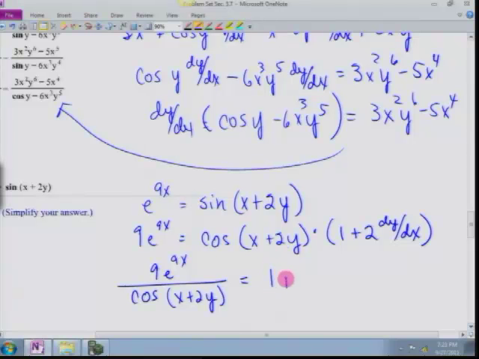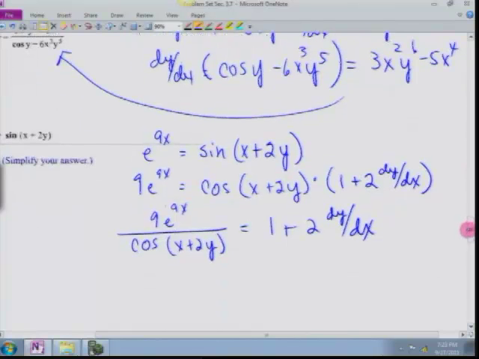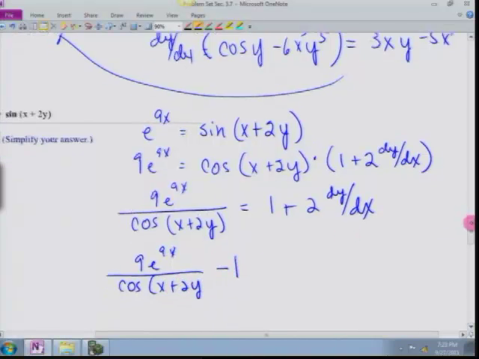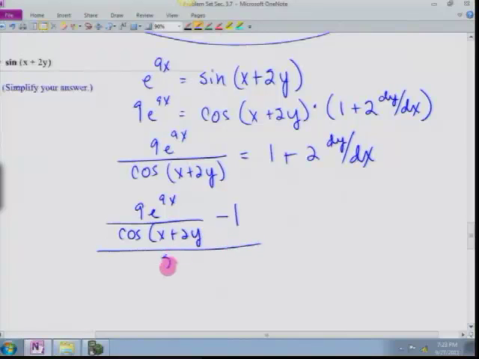Okay, equals 1 plus 2 dy dx. And then what are we going to do? Subtract 1 and divide by 2? Okay. So I got this guy minus 1 all over 2 equals dy dx.